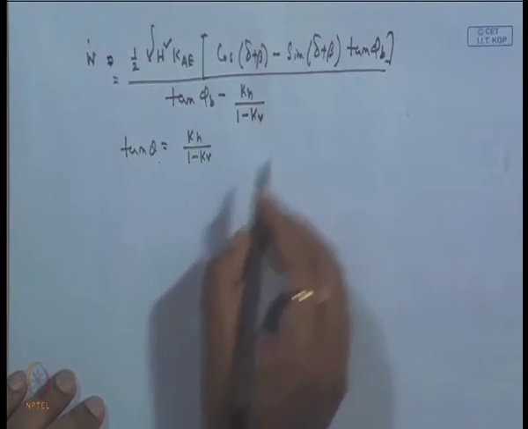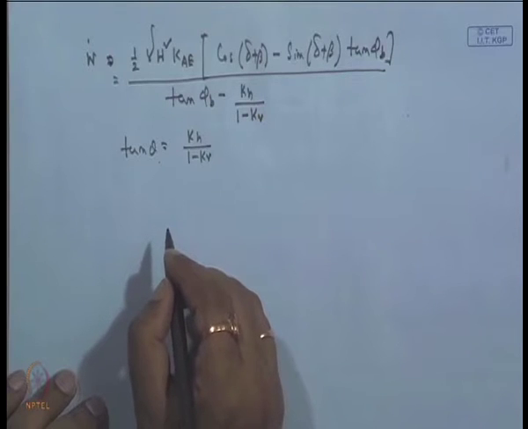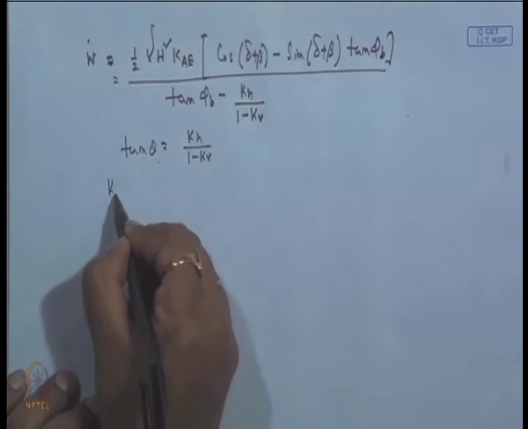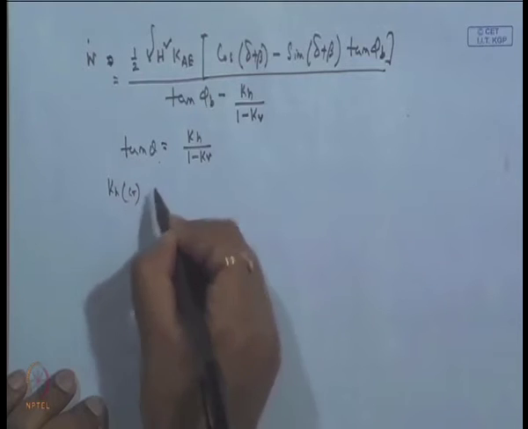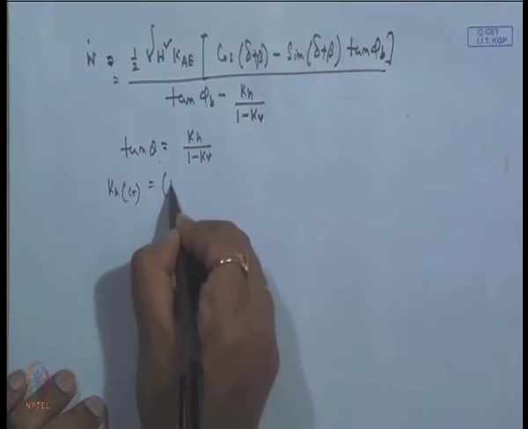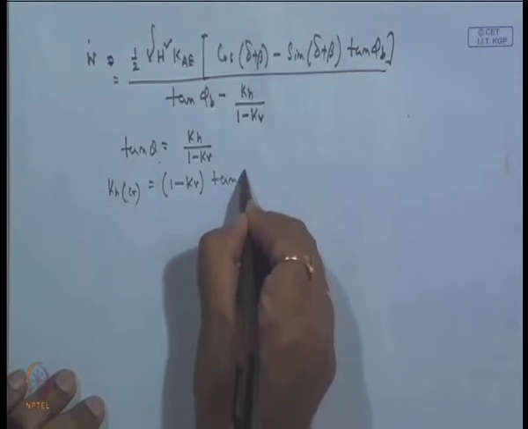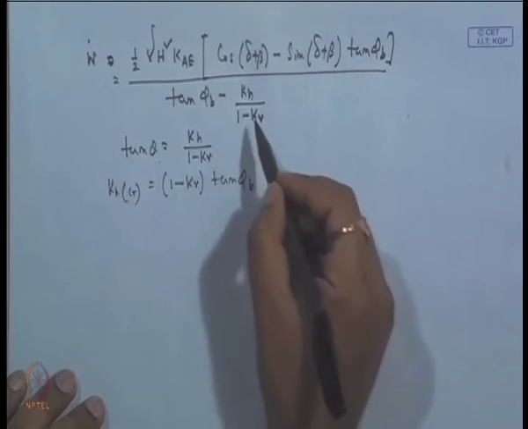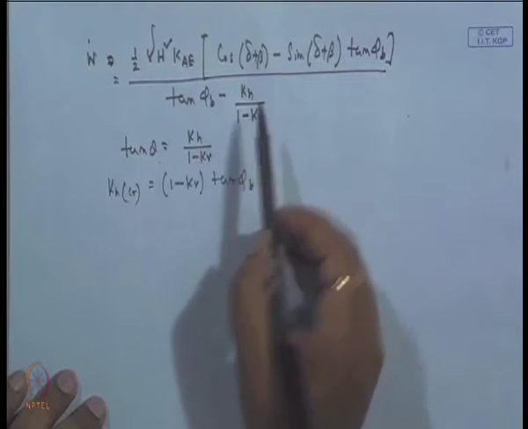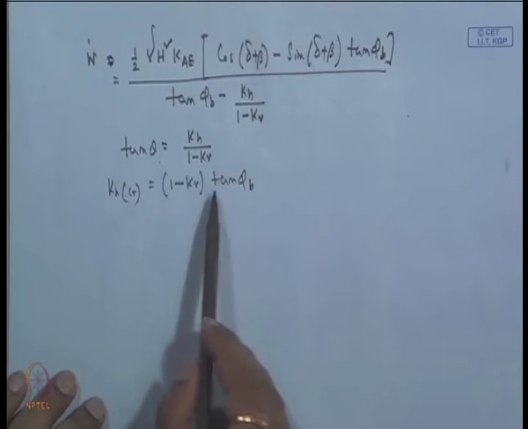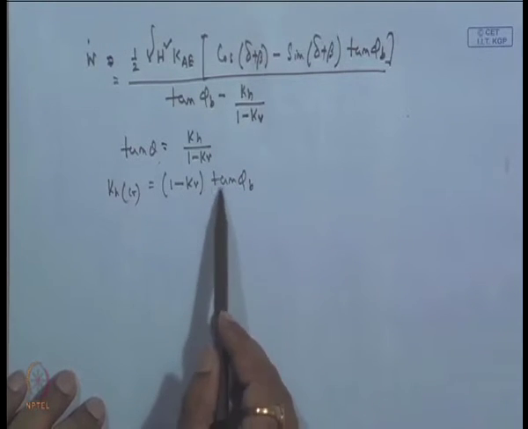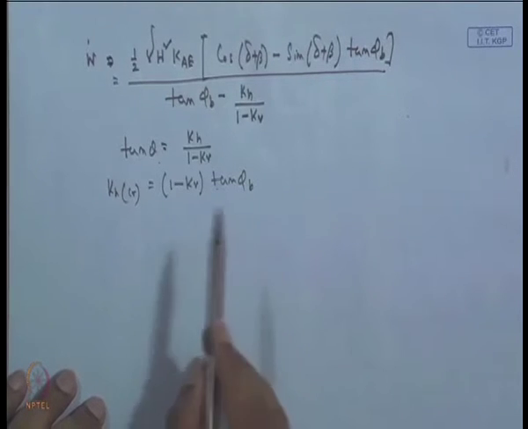Now, for the k h critical, that value we know, that is 1 minus k v and tan phi b. From this expression also we will get that critical value of k h will be 1 minus k v into tan phi b.